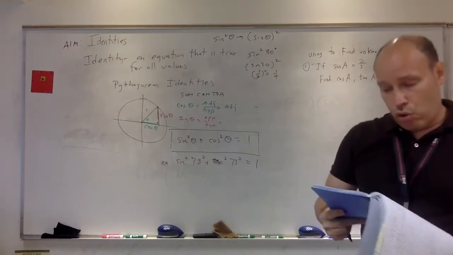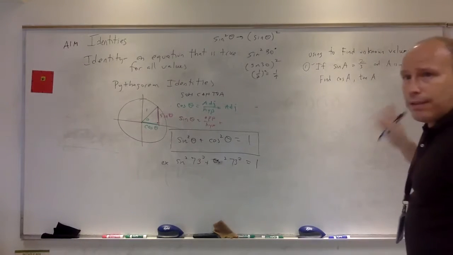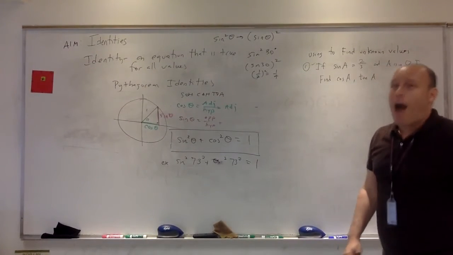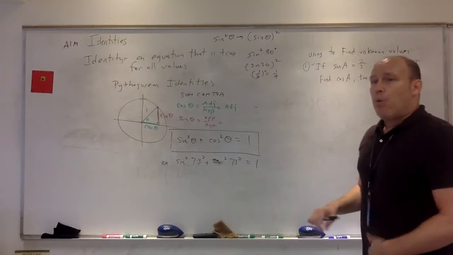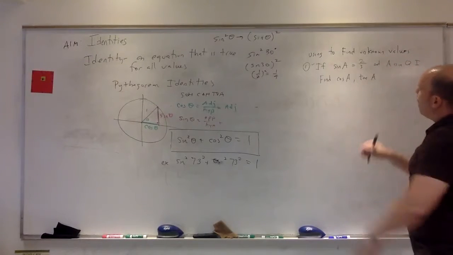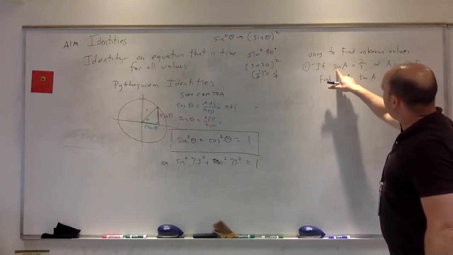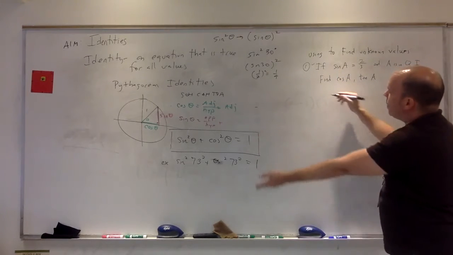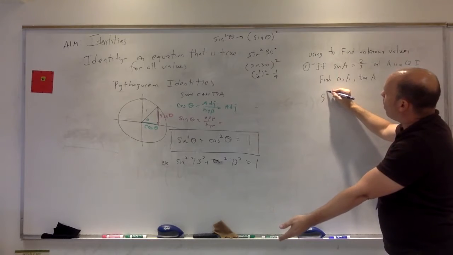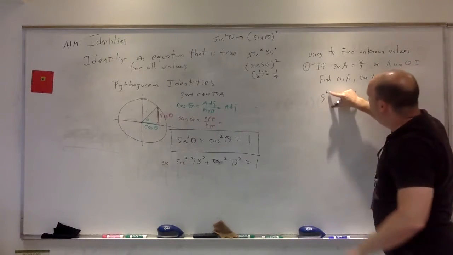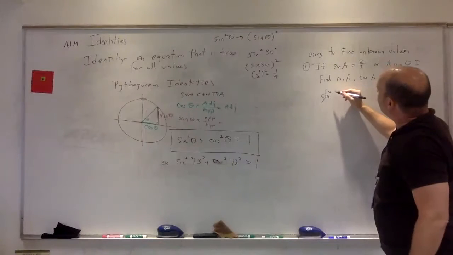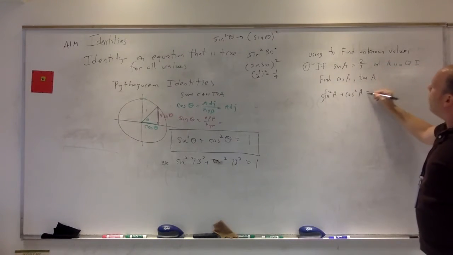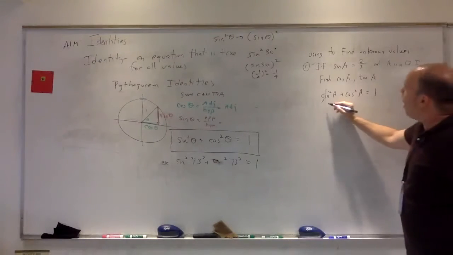So I have (2/3) squared plus cosine squared equals 1. Cosine squared equals 1 minus 4/9, which is 5/9. Cosine of A is equal to plus or minus the square root of 5, over 3. But what do you think? Is it both of them? Well, because this is the first quadrant and cosine is positive in the first, the answer is radical 5 over 3.